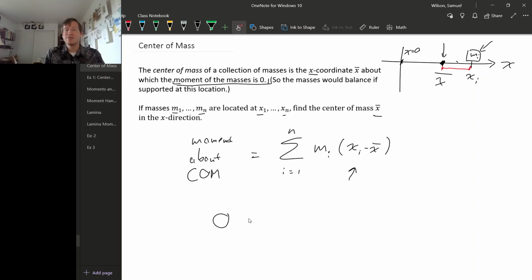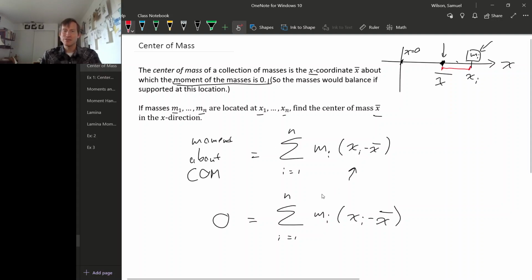So we can write 0 equals the sum from I equals 1 to n of m sub I times (x sub I minus x bar). Okay, if we actually have a physical system set up with masses lying around, then all of these masses will be known, and all of these positions will be known.